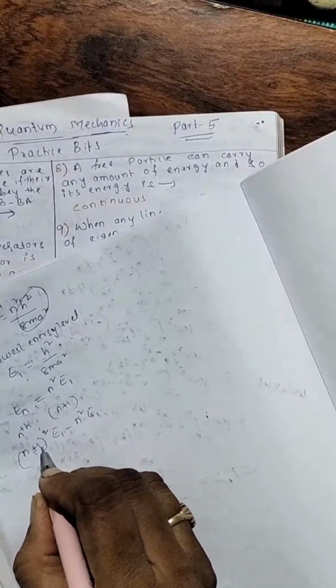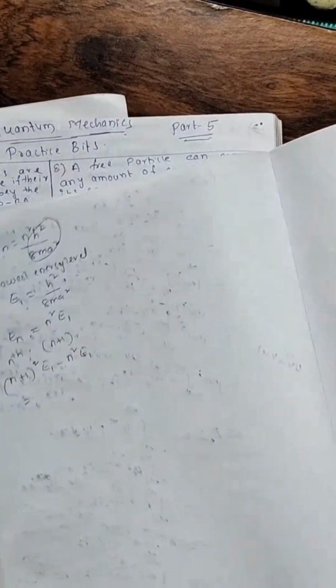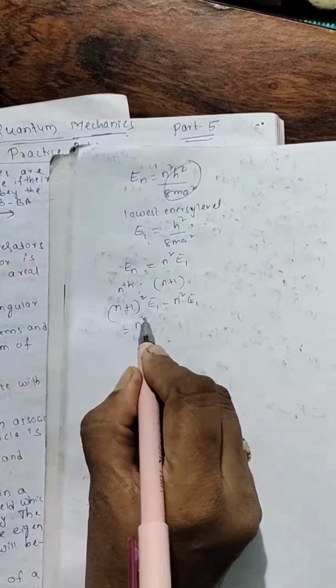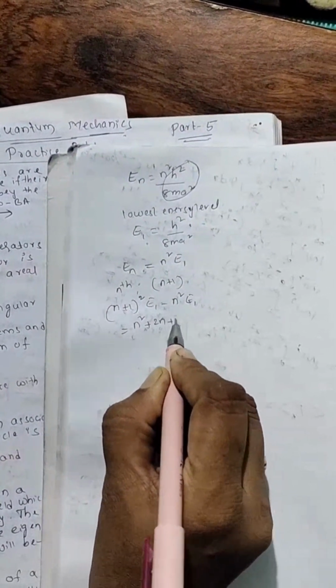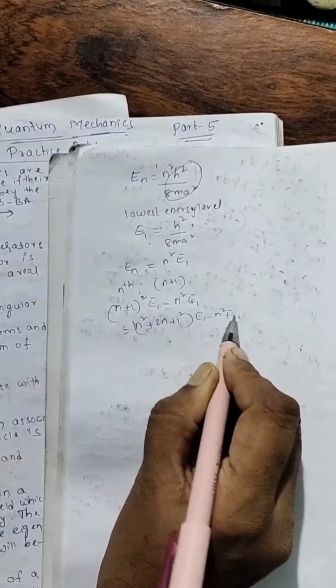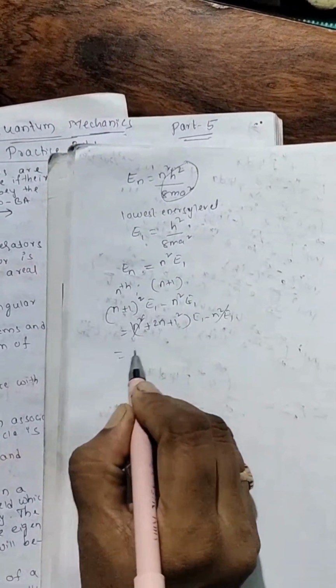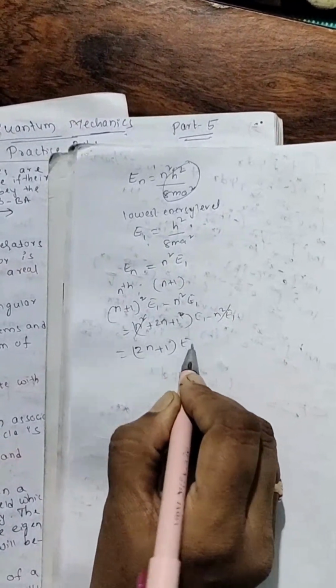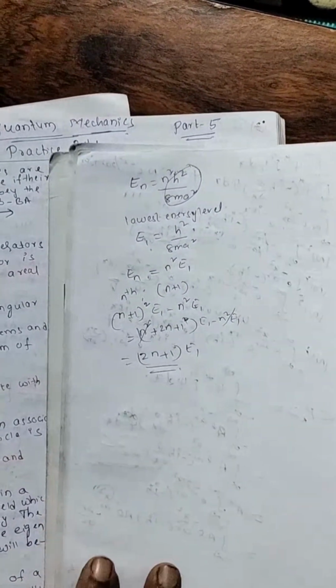So, (a plus b) whole square, in that form, let us do: n square plus 2n plus 1, times E1, minus n square E1. So n square E1 cancels, leaving 2n plus 1 into E1. So this rises by the value of 2n plus 1.